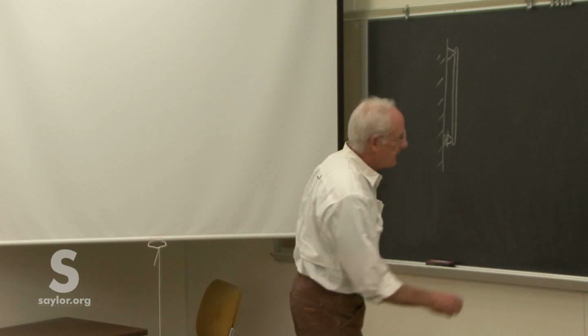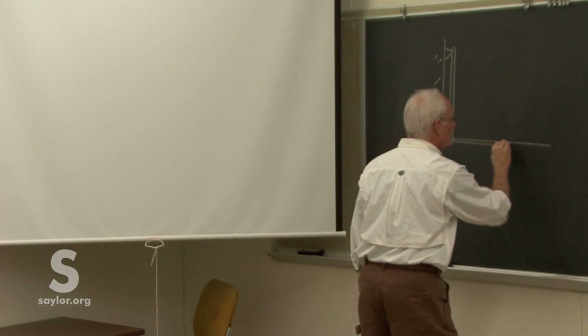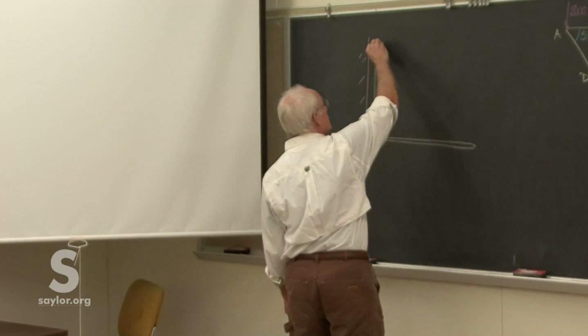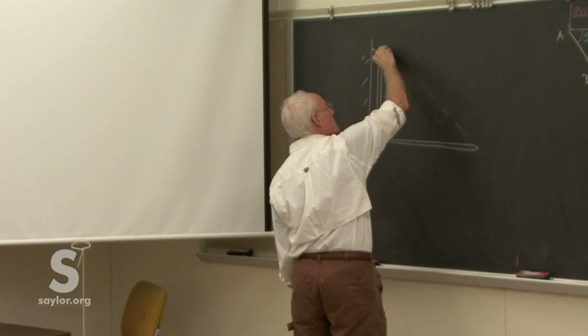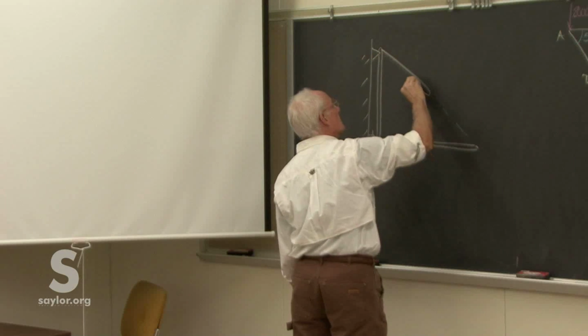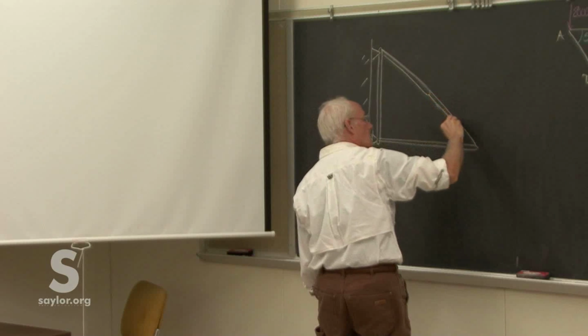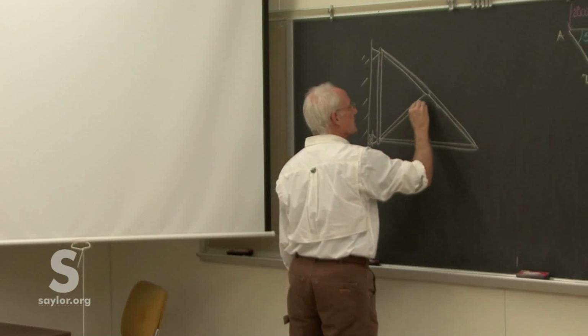Then there's a horizontal member that comes off of that one, and two members here joined in the middle where a diagonal comes across.